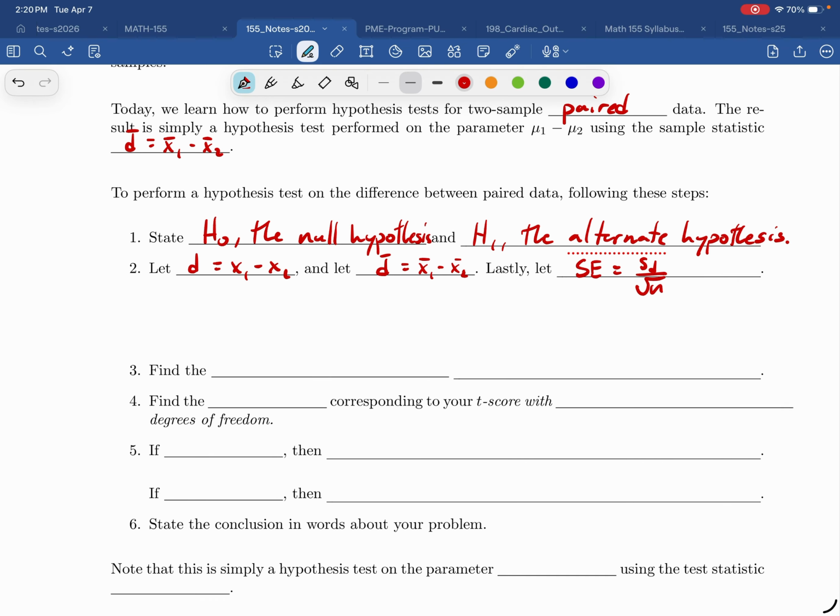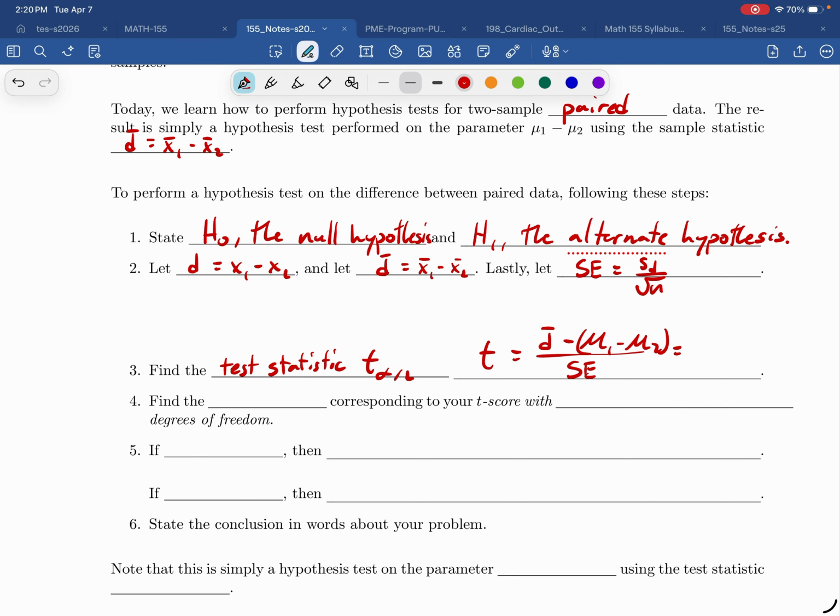So then what we're doing here is finding the test statistic T, or they call it T alpha over 2. And this is going to be T equals D bar minus mu1 minus mu2, which is usually 0, divided by the standard error.